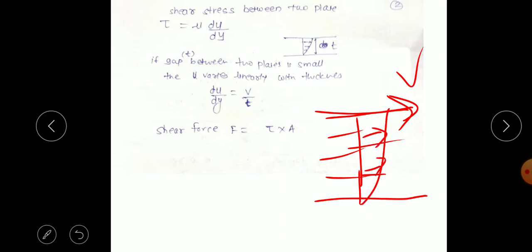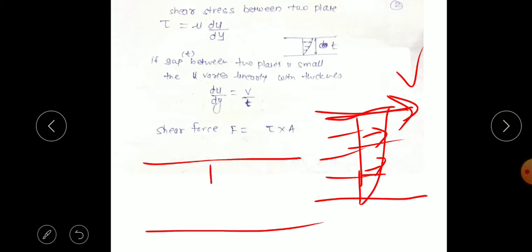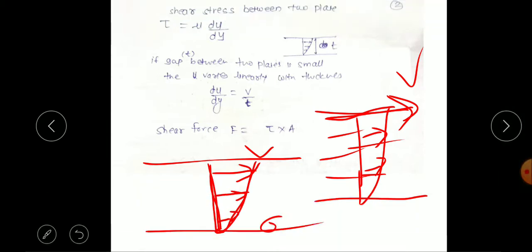Particles nearer to the moving plate move with the same velocity as the plate, but due to the viscosity there is a resistance to the flow, so velocity goes on decreasing, and at the stationary plate it becomes zero. So there is a change in the velocity across the gap between the two plates. This gap between the two plates is, suppose, dy, and the velocity change is du.